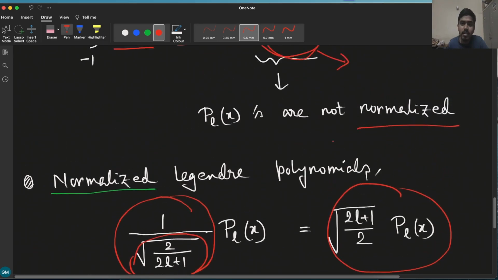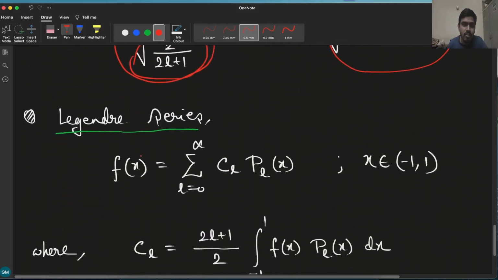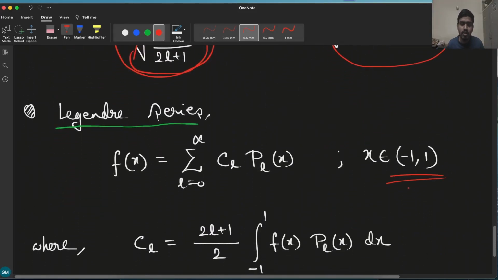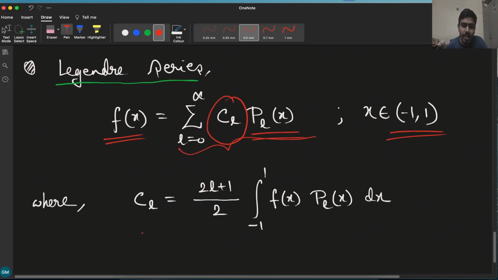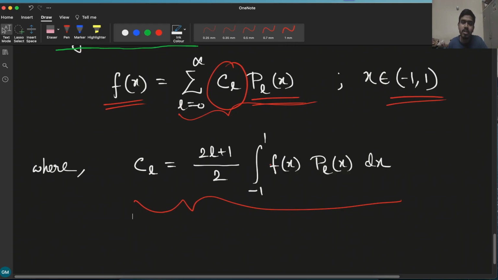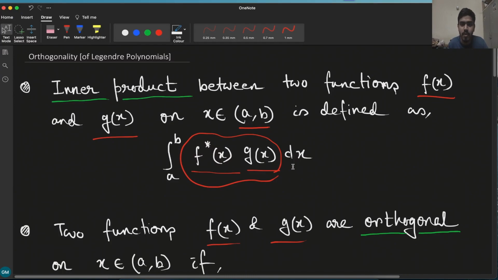And as we get these Legendre polynomials as a series of orthogonal functions, if we take any function defined in the range -1 to 1, then I can expand it as a linear combination of these Legendre polynomials, and that's what we call the Legendre series, where these constant coefficients c_l can be written like this. All these things were discussed while we talked about the orthogonality of Legendre polynomials.